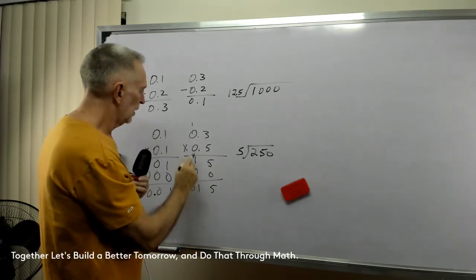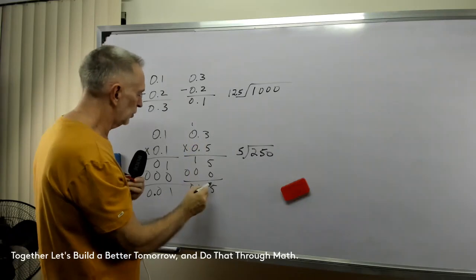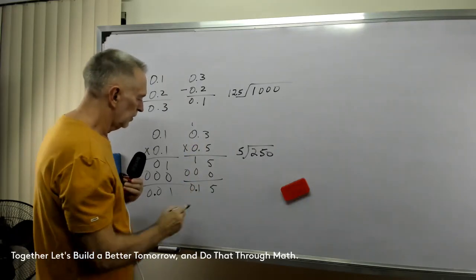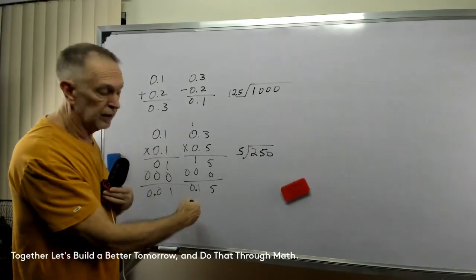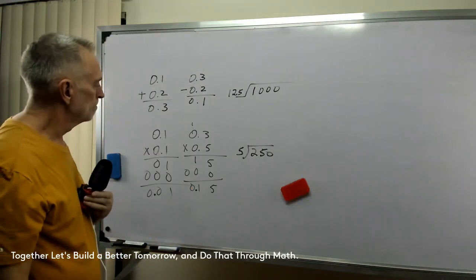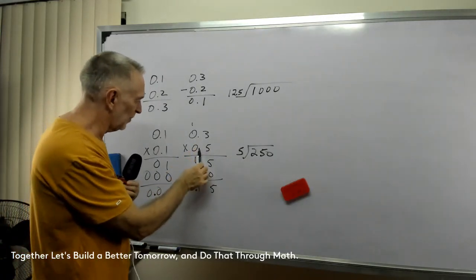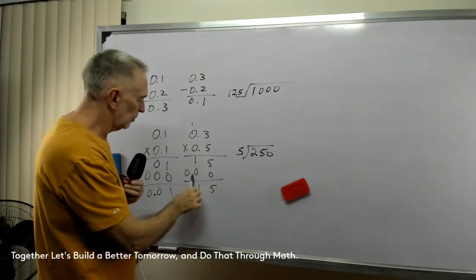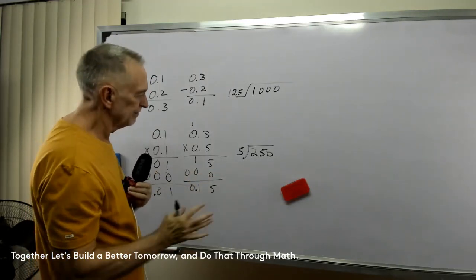I have 0.15, and I have 2 decimal places. So I count 1, 2 from the right to the left and put my decimal point there. But keep things in a row, keep it neat so that you don't get these numbers just everywhere.